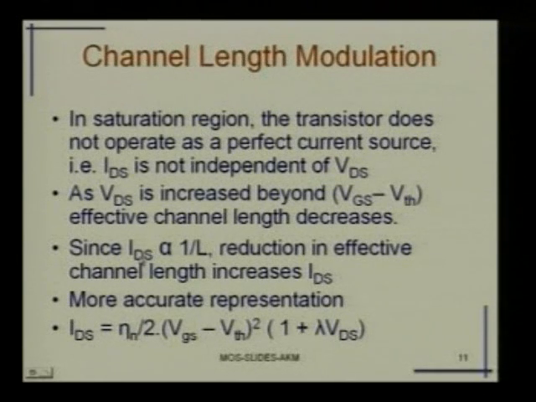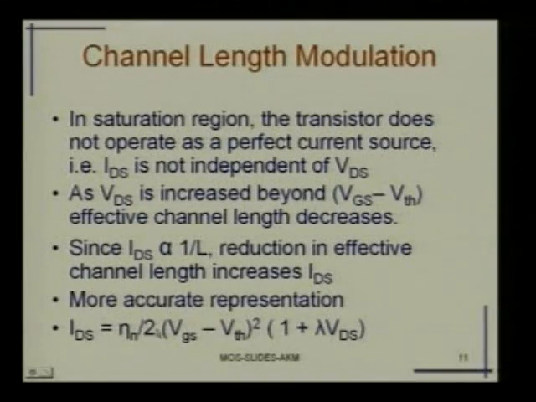So, IDS is proportional to 1 by L, and the reduction in the channel length will increase the IDS. So, the current will not be constant truly, and this is why a somewhat more accurate expression will be something like this, 1 plus. So, this is primarily what is called the channel length modulation.